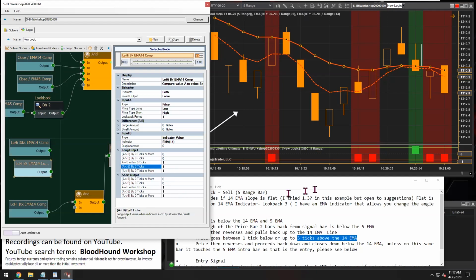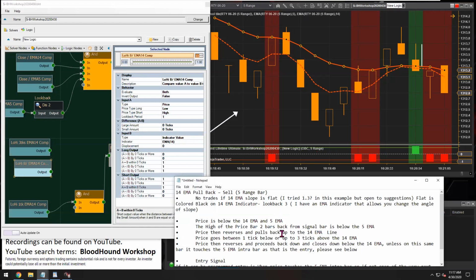But remember, our instructions are written for long signals, so in this case we're looking for the high to be above the EMA. Getting back to this, 3 ticks above, so the high price is going to be above the EMA, but of course no more than 3 ticks.